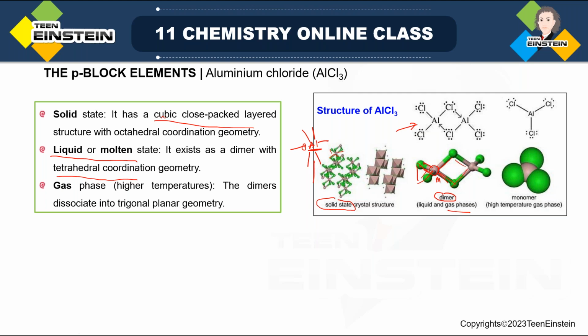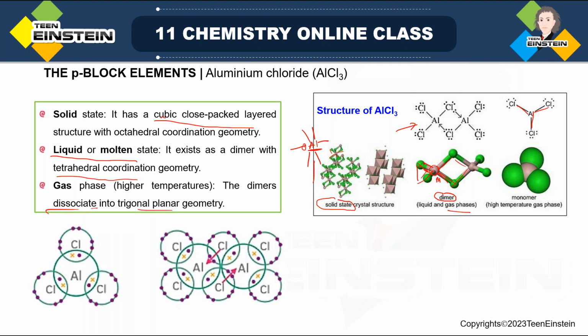Now it is broken and we have this type of monomeric structure of AlCl3. So these dimers now dissociate into trigonal planar geometry. So this is trigonal planar. In the same plane, all these 4 atoms are present.